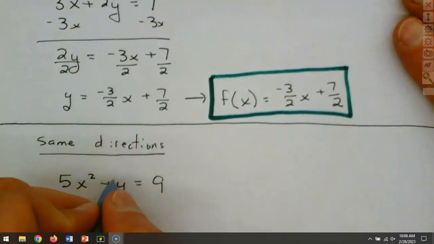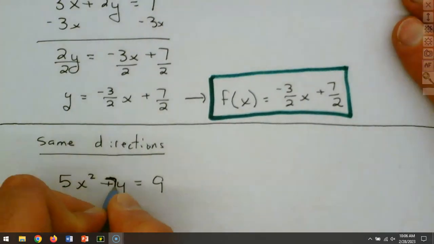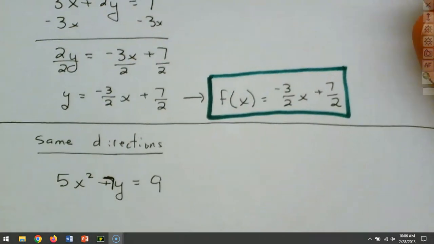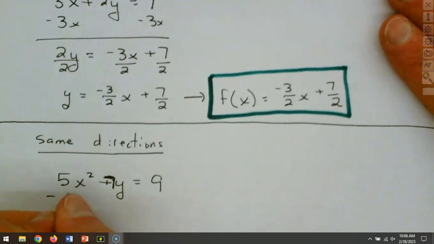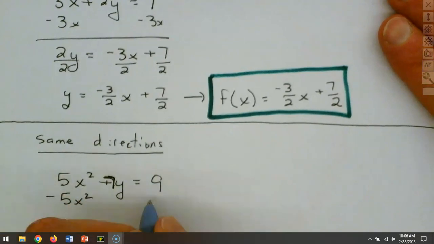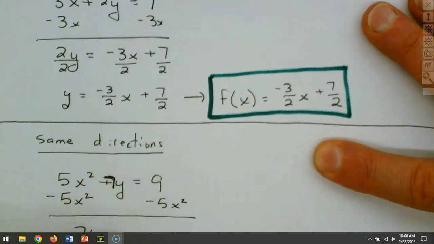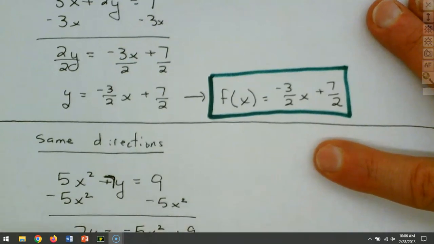And let's put a 7 in front of here. So let's just put a 7 in front of that. Okay, so 5x squared plus 7y equals 9. We do the same procedure. So move that 5x squared over, same direction, same procedure. So 7y equals now minus 5x squared plus 9. We divide by our 7.